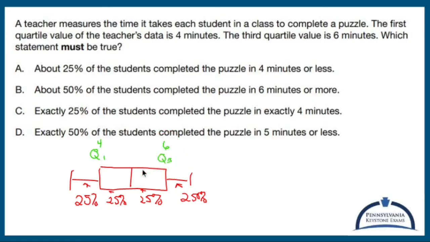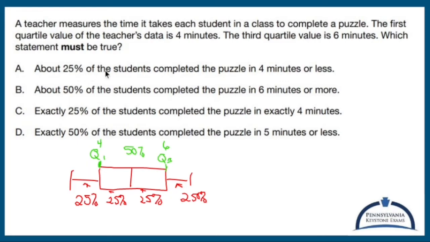They say 6 minutes for that, which means in between quartile 1 and quartile 3, you've got 50% of your data happening. So anything below 4 is 25%. Everything in between 4 and 6 is 50%, and everything bigger than 6 is 25%. So let's see what they want.